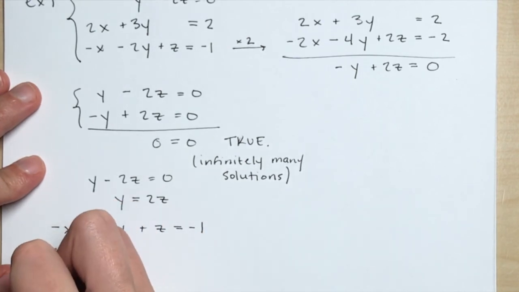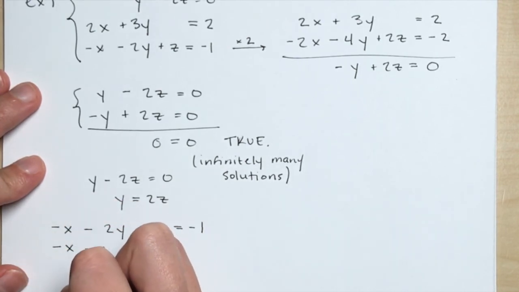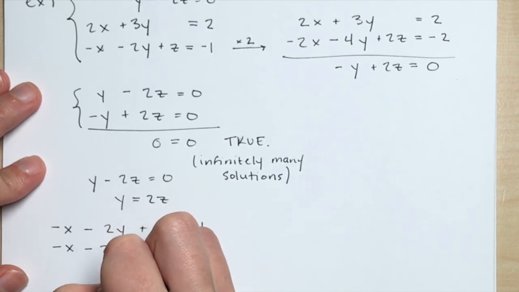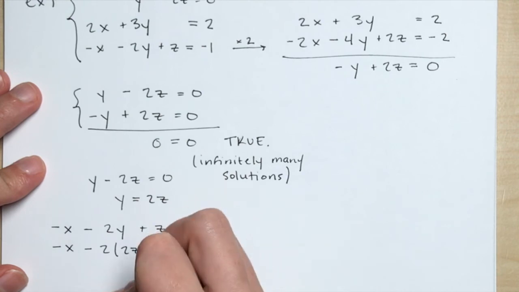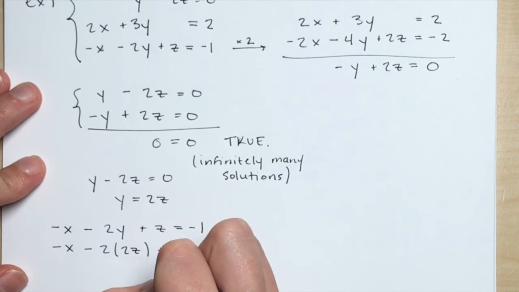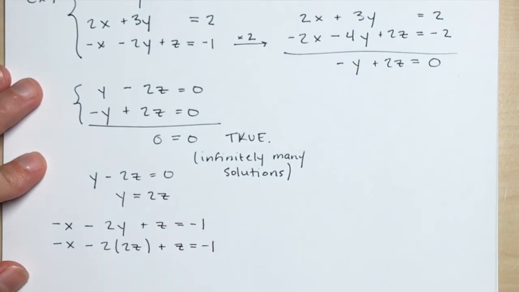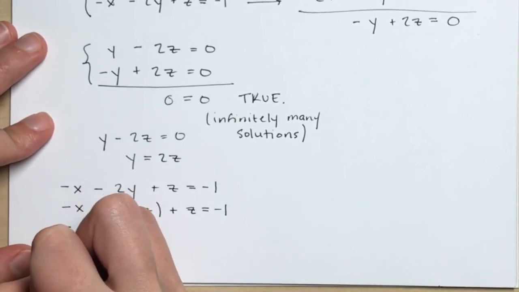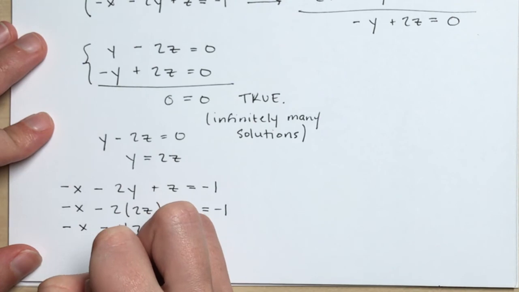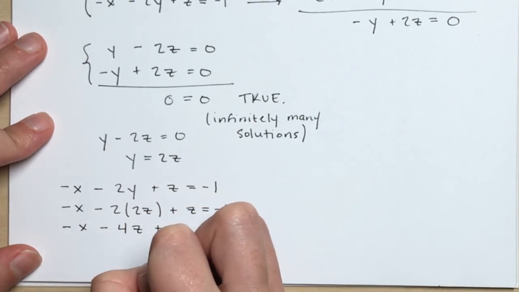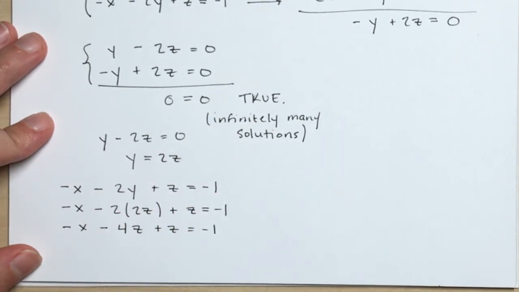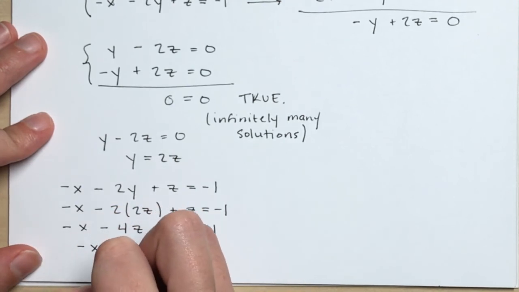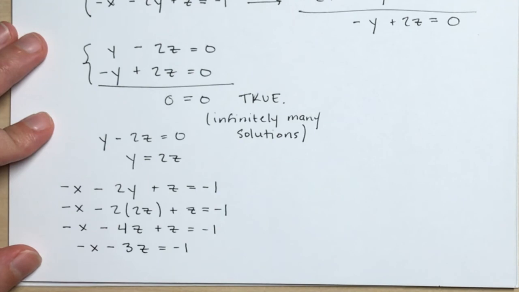We don't know what x is, but we do know that y in terms of z is just 2z, and we know that z is itself, and all of that equals -1. So we have negative x minus 4z plus z equals -1. So negative x minus 3z equals -1.